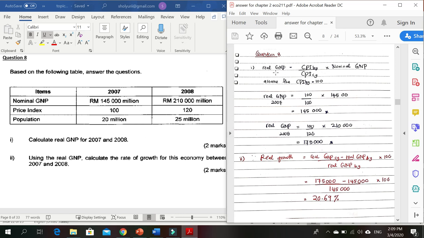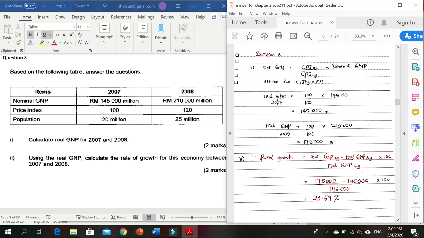Our formula here is real GNP equals CPI base year over CPI current year times nominal GNP. No need to write the full name, BY for base year and CY for current year is enough. Then you must write this down, you can't skip it, otherwise they will deduct marks: assume the CPI base year equals 100. This is not the CPI base year, this is the CPI current year for 2007.